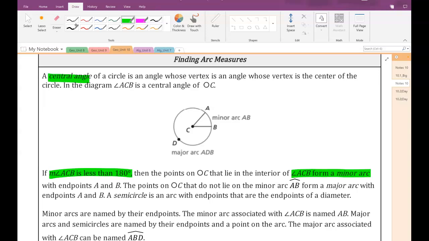Everything else, even though it's not a part of that minor arc, forms what's called a major arc. And it has endpoints A and B, and then we have a middle point D in there.